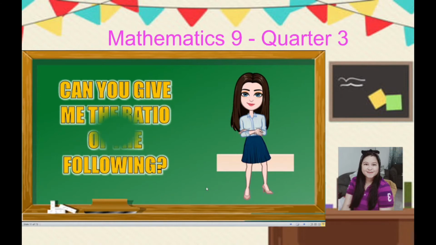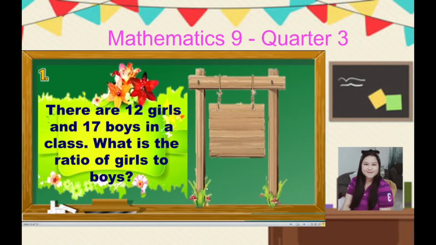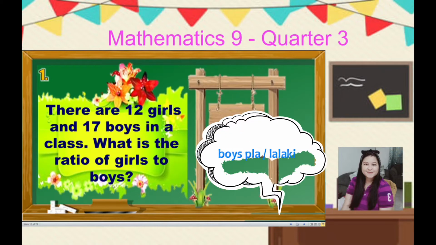So, the next is, can you give me the ratio of the following? So, number 1, there are 12 girls and 17 boys in a class. What is the ratio of girls to boys? Meron daw 12 babae at 17 lalaki sa isang klase. Tinatanong ano daw yung ratio ng girls to boys. So, syempre, uunahin natin yung bilang ng mga babae, girls, kasi yun yung hinihinging comparison.